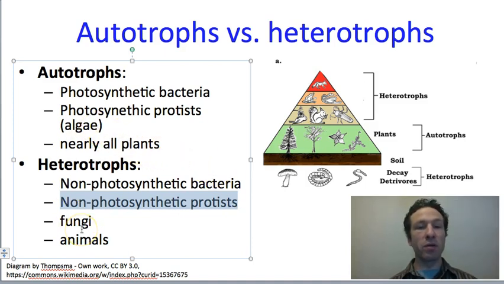It would also include fungi and animals. Down here at the bottom of the pyramid, we see some organisms that are involved in decay: things like earthworms, some soil arthropods, and also fungi. Even though these are represented beneath the pyramid, they are still heterotrophs because they are using organic compounds as their energy source, and they are getting their carbon from those compounds that are decaying as well.